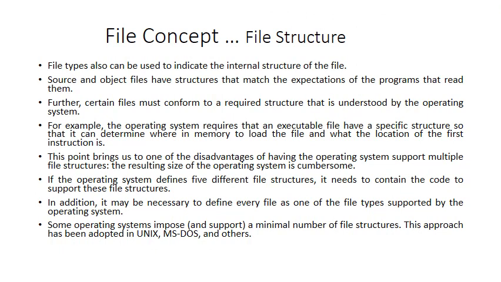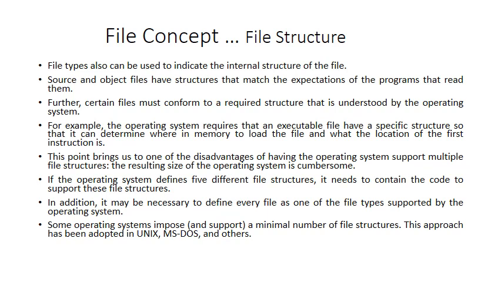The next topic is file structure. The file types also can be used to indicate the internal structure of the file, how the information is organized within the file. Source and object files have structures that match the expectations of the programs that read them.